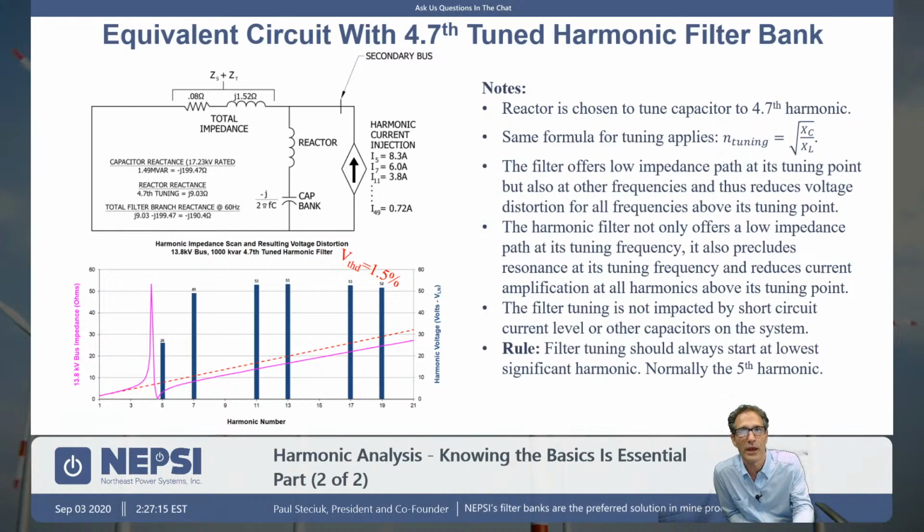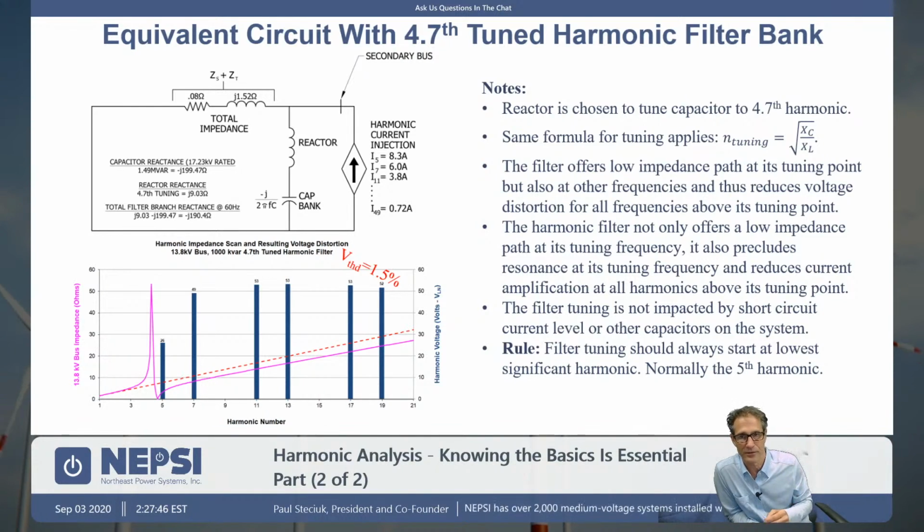So the percent reactor is more of a European practice to call reactors out by percent than it is a North American practice. But a 6% reactor would have a tuning point of 4.08, and we would typically refer to that as a detuned capacitor bank.